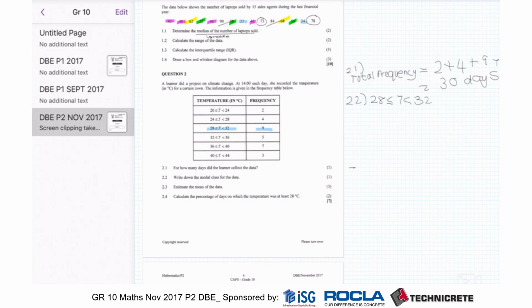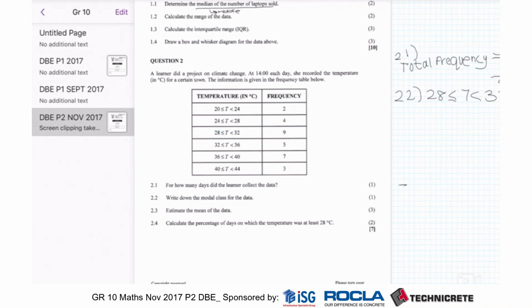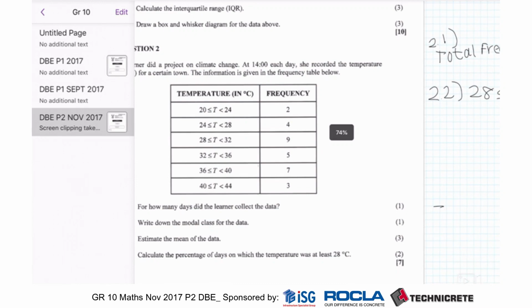Estimate the mean of the data. Now, how do we estimate mean, which is average? Remember that mean is average of this frequency table. So what we've got to do is, firstly, we have to create a new table.